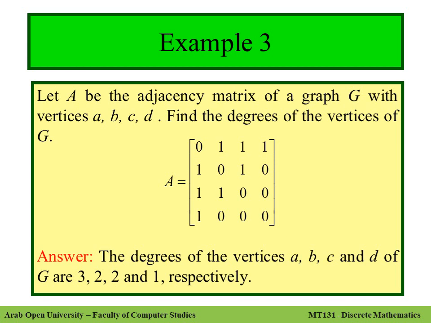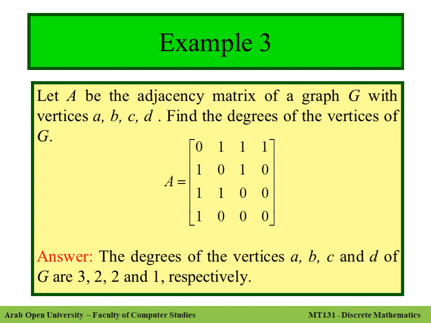For example, if this is a matrix of the graph that has A, B, C, D as labels, then the first row represents the vertex A. Each 1 here represents an edge that's incident with A. So if I add the entries of the row, that will give me the degree of A. Of course, you can do the same with a column. The sum of entries of a column also gives you the degree of that vertex.